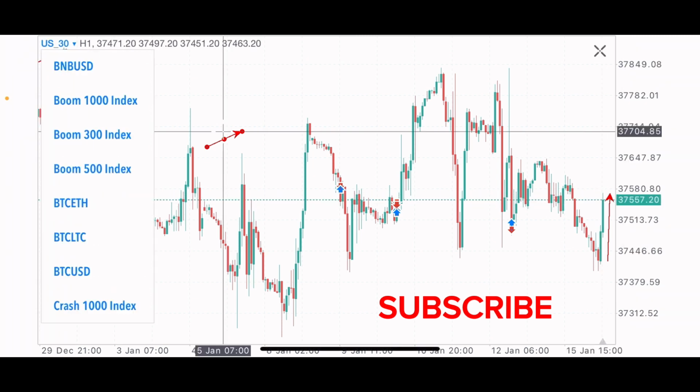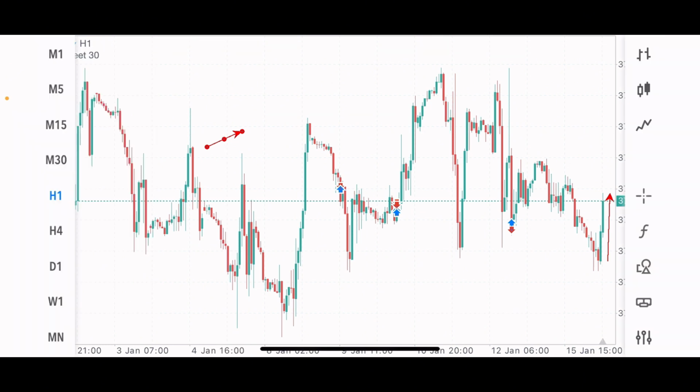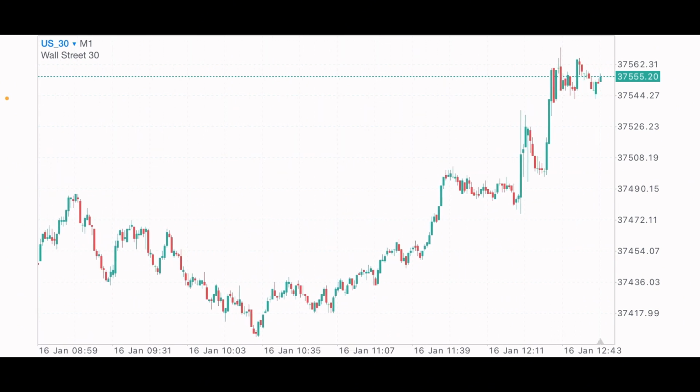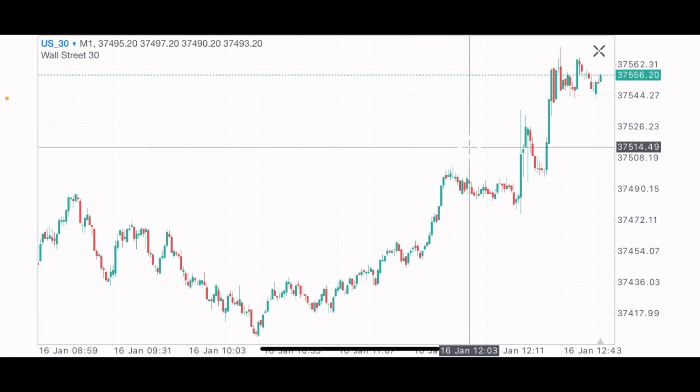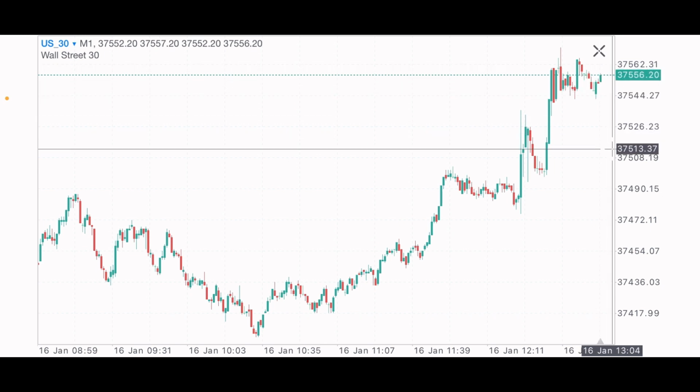That's why you are seeing on the 1 minute time frame that the market is at the overbought level. The market is at the higher high, so the next step is to sell.